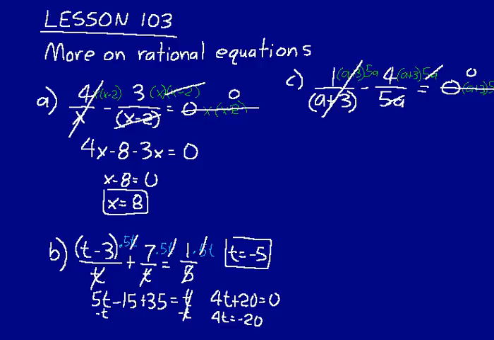Now we go back and multiply through. 1 times 5a is 5a. And then minus 4 times a would be minus 4a. Minus 4 times 3 would be minus 12 equals 0. Add like terms, and we have a minus 12 equals 0. A equals 12.